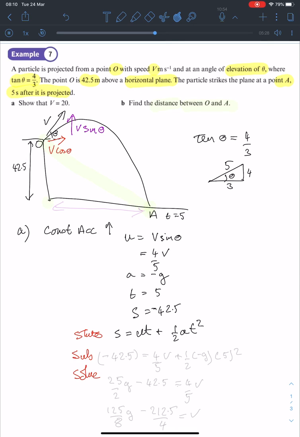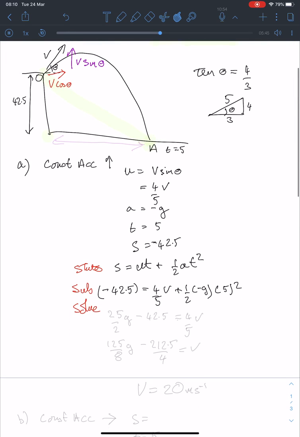So s is negative 42.5. u is equal to 4/5 of v plus a half negative g 5 squared.